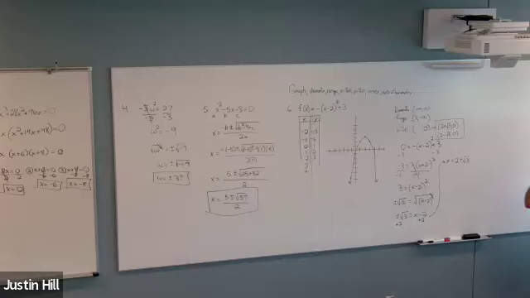And again, going back to the comment earlier, I do want exact answers. If you give me a decimal, you're still going to get credit for most of the problem, but I'll take a little bit off because that's not an exact answer.